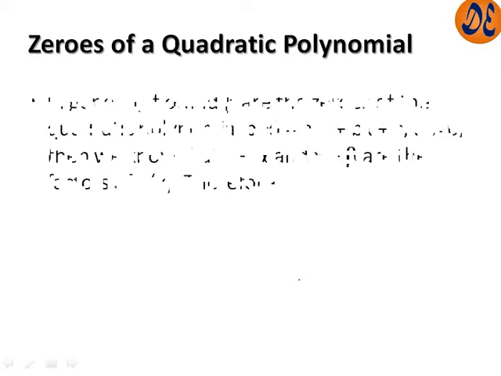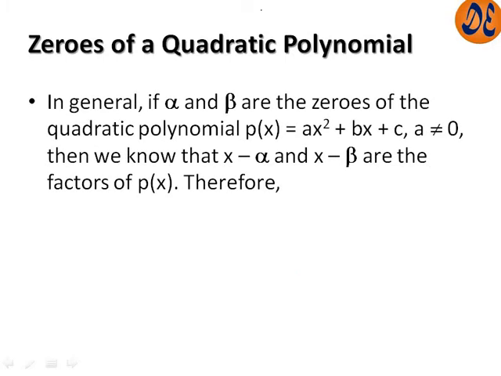Let us discuss the zeros of a quadratic polynomial. For a quadratic polynomial, as we have already discussed, there will be a maximum of 2 zeros. So let us assume that there are 2 zeros and the zeros are alpha and beta. Again I repeat, this is called alpha and this is called beta.